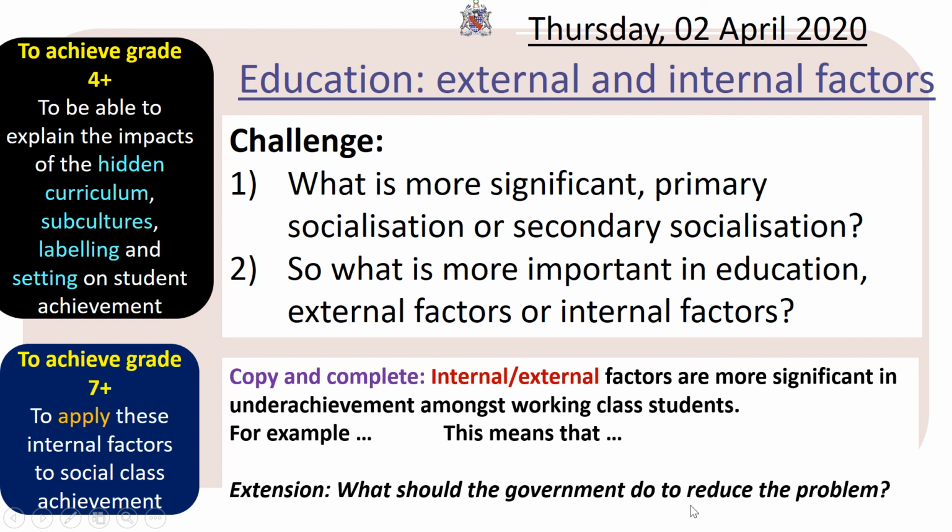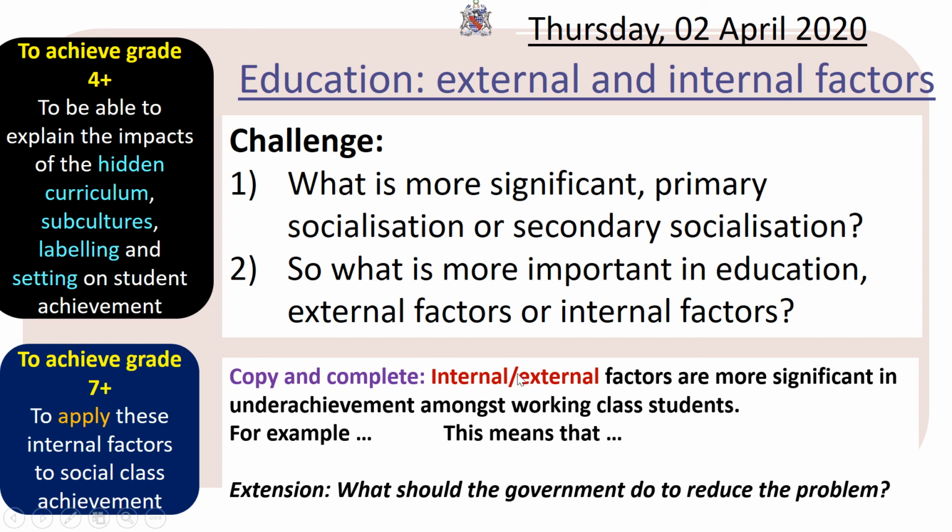Remember, if we know what the cause is, then we know what the solution is. If the problems are caused by things in school, the solutions can be found by the government getting involved in schools, stopping teachers labelling, telling schools whether to use mixed ability classes or sets.